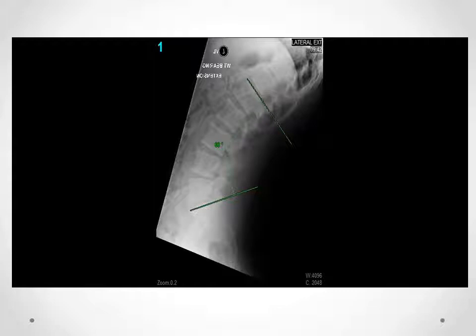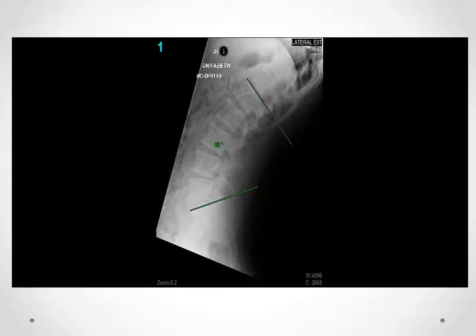So here's the lumbar extension film. I've measured the lumbar lordosis angle. That angle is 66 degrees. So let's refer back. In the neutral lateral position, the lumbar lordosis was 60 degrees.